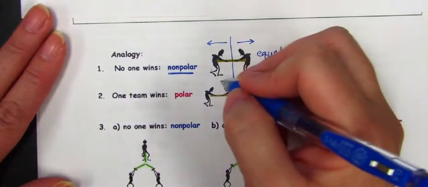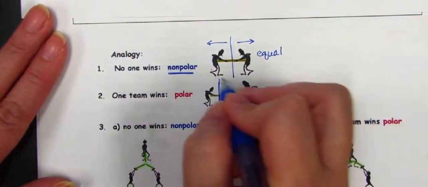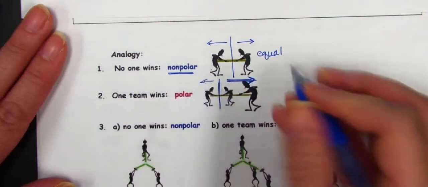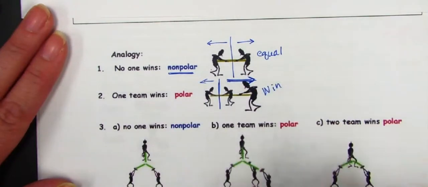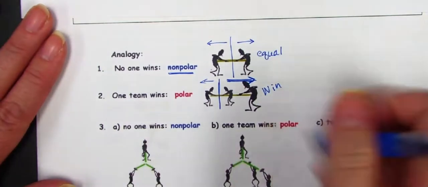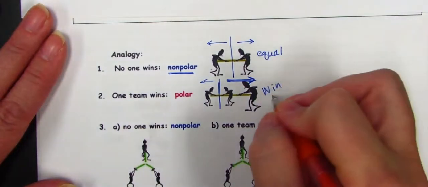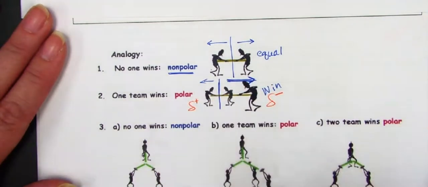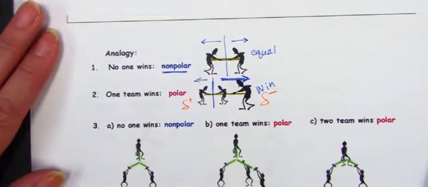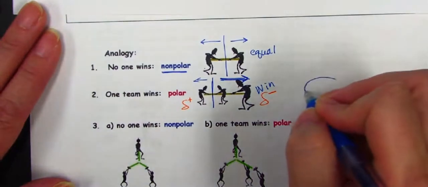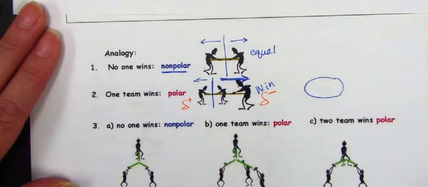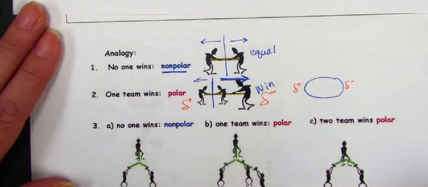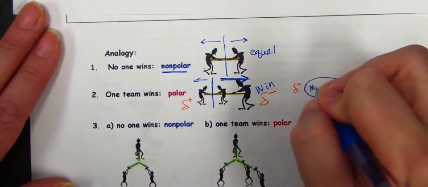But if one side is pulling a lot more than the other side, then there's going to be a side that wins, and they're going to win all the electrons, meaning that that side is going to be negative. And the other side is going to be partially positive. And so this entire molecule then will have a partial negative side to it and a partial positive side of the molecule, not just the bond, the molecule.